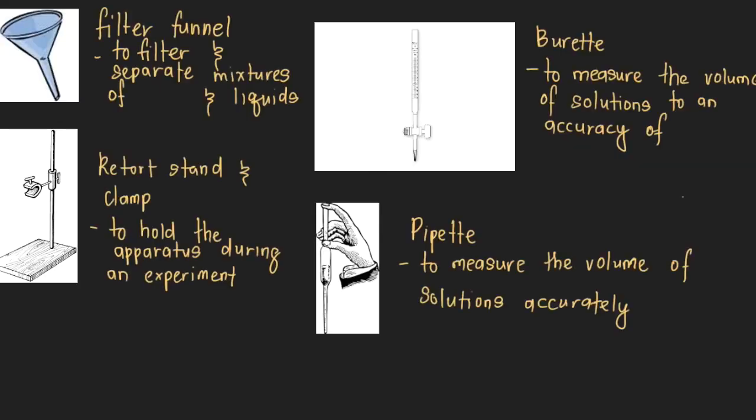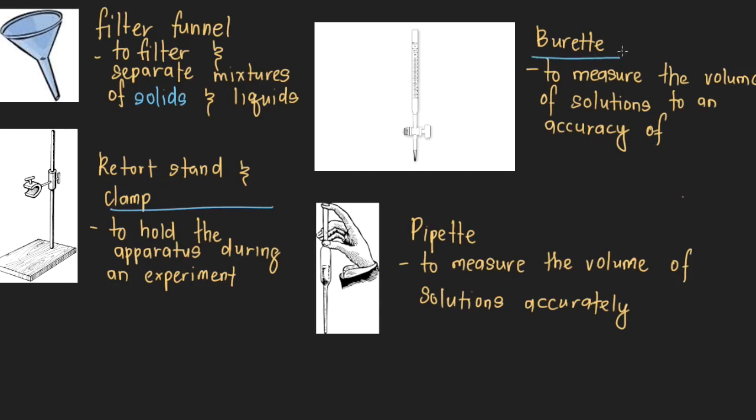Moving along. A filter funnel is used to filter and separate mixtures of solids and liquids. A retort stand and a clamp is used to hold the apparatus during an experiment.